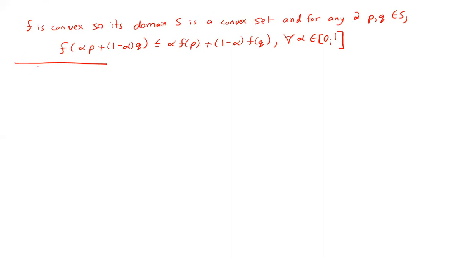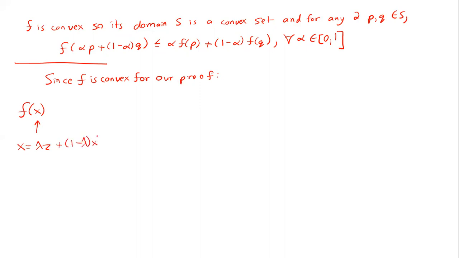So for our problem, since f is convex, for our proof, we could take f at x, where x is what we said a minute ago, equal to lambda z plus 1 minus lambda x star, for lambda in 0 to 1.